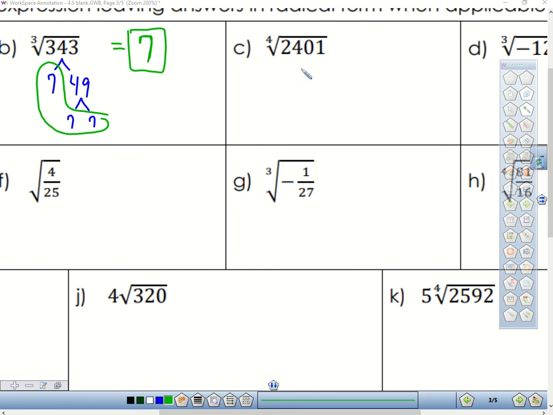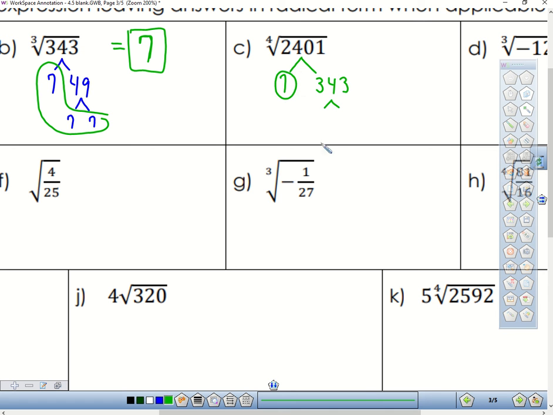So the next one we're looking at groups of 4. We're trying to get a group of 4. So I take 2,401 and I know it's divisible by 7. And when I divide it by 7, it breaks up into 7 and 343. Now 7 is a prime number, so I circle it.